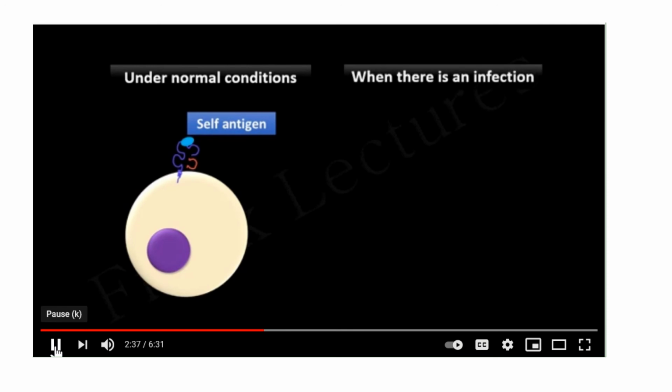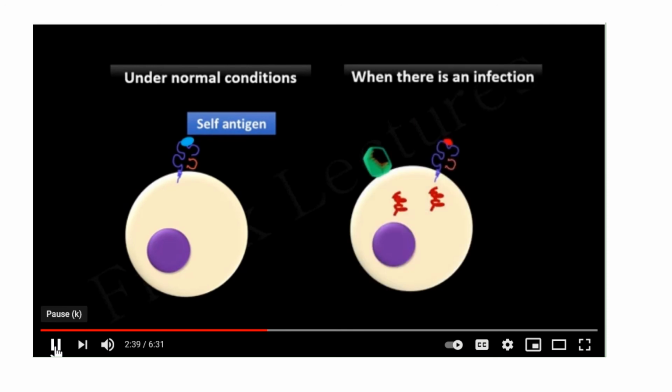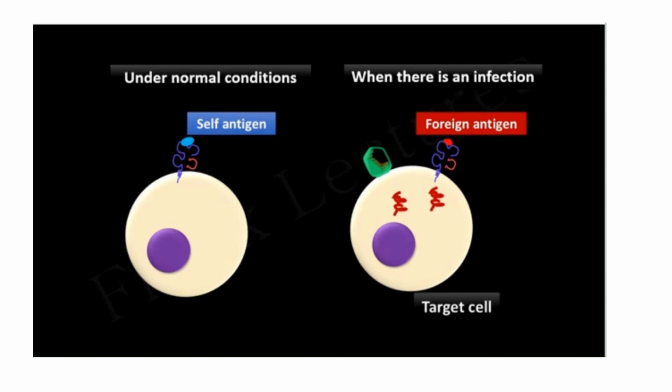But when there is an infection, these cells display foreign antigens. Therefore, in this case, viral antigens are displayed on the infected cell surface as MHC1 antigen complex. The effector cytotoxic T cells recognize and bind these MHC1 antigen complexes on the infected cells. The cells which are killed by cytotoxic T cells are known as target cells.